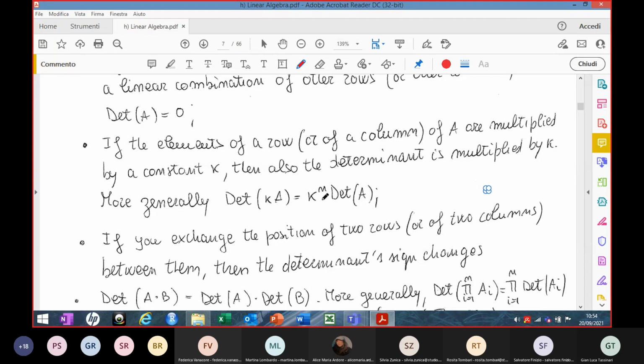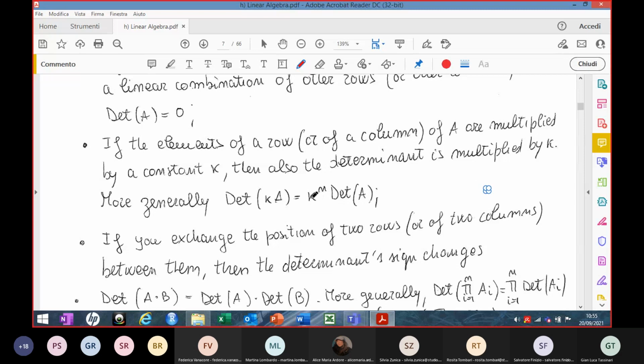Because if you multiply only the first row of A by the constant k, then the result is k times the determinant of A. Suppose you multiply two rows of A by k, then the determinant of this new matrix is the determinant of A times k to the power 2.